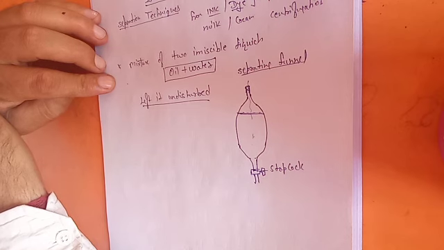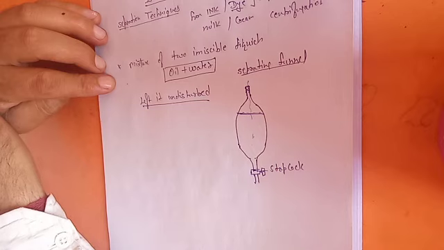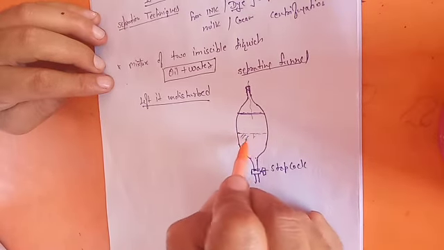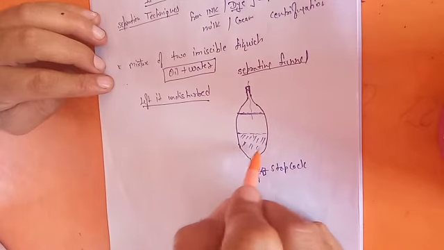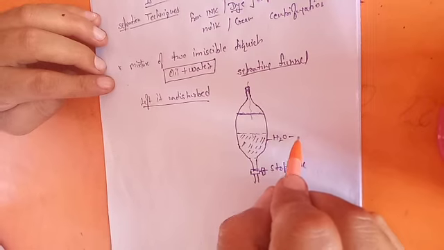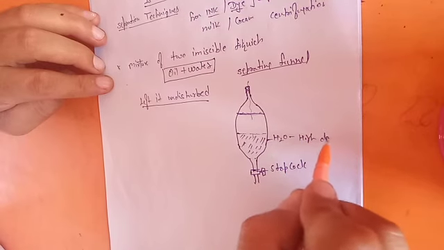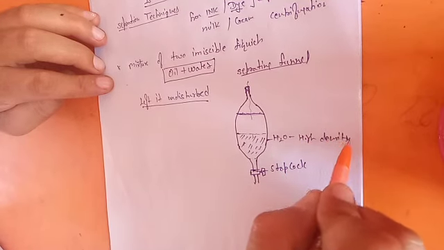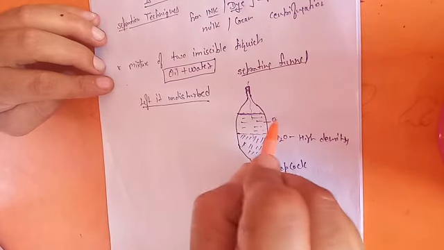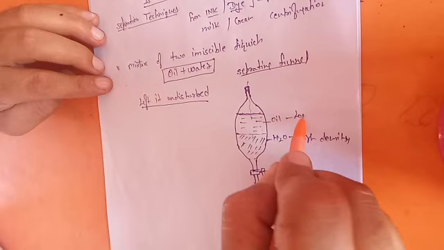You know that oil has lesser density as compared to water. So a layer forms. The water will be in the lower portion, here you will get water, high density, because high density goes to the lower portion. And here you will get oil.